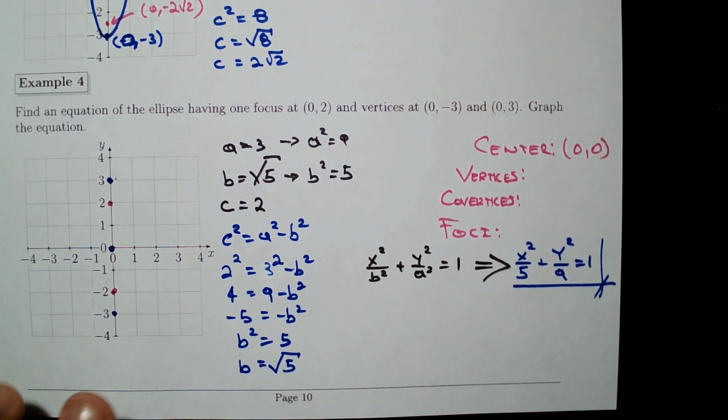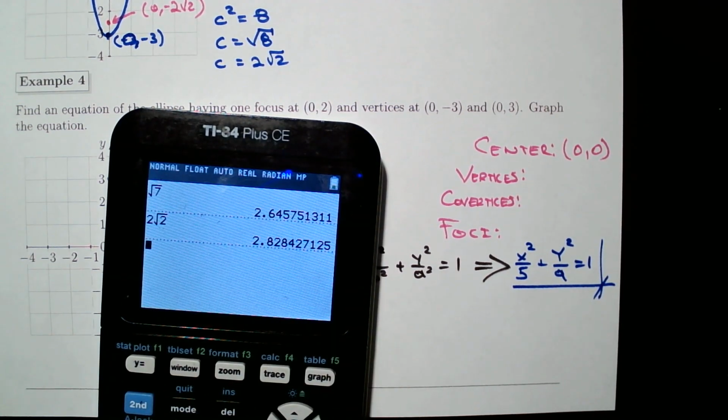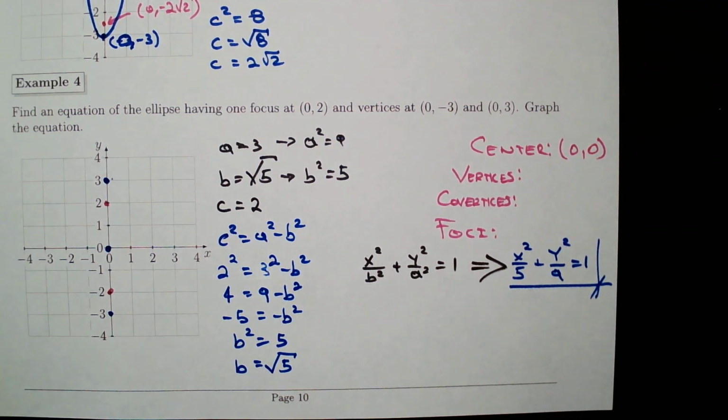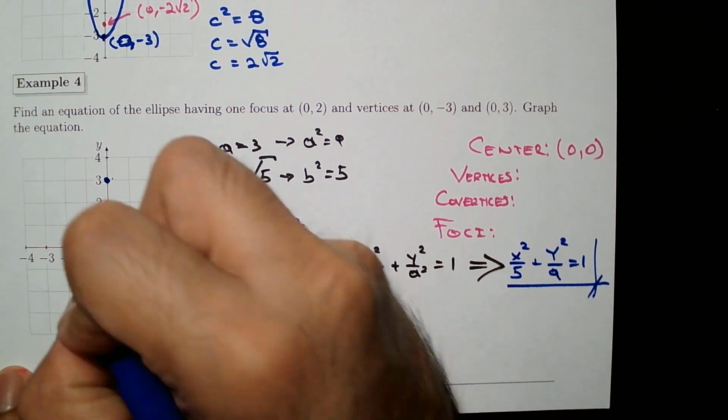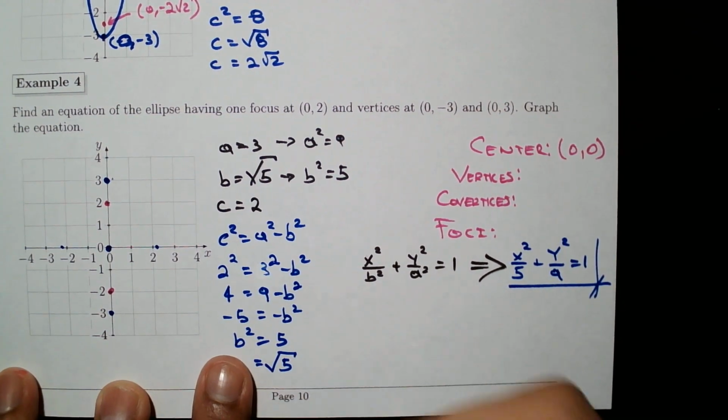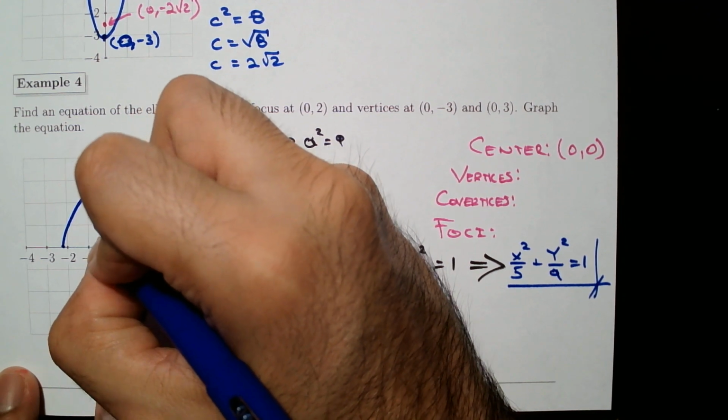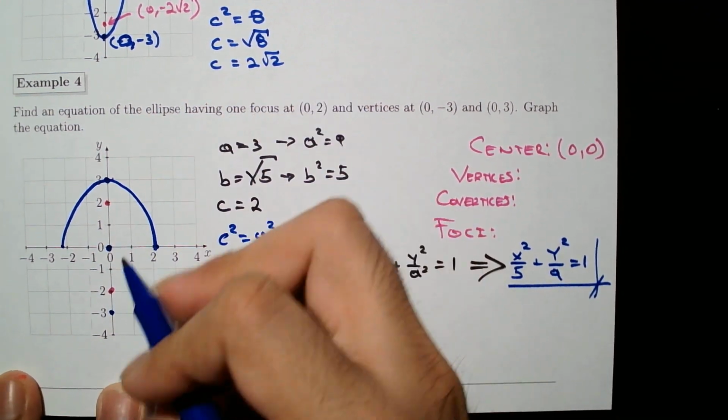Now we need to verify what the square root of 5 is, to give us an idea of how far the ellipse will open along the horizontal axis. So 2.23, basically somewhere here, 2.2, -2.2. Something like this.